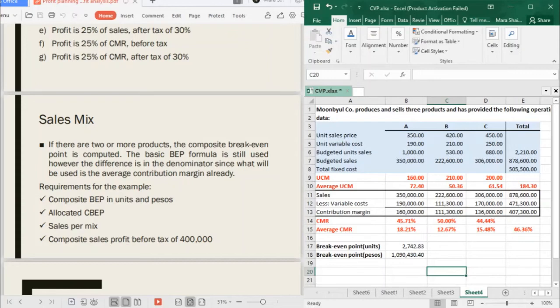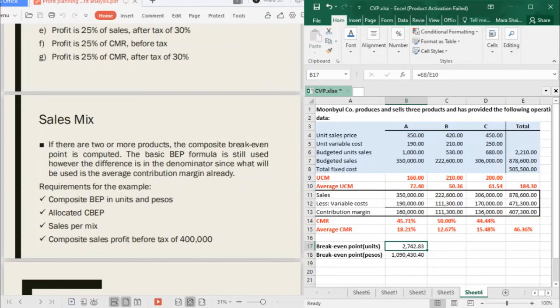Now, magsugod sa ato ang sales per mix. Kay diri, di ba, if you remember in the formula for the break-even point, so the formula sa itong break-even point. Formula for break-even point is our fixed cost divided by our unit contribution margin.